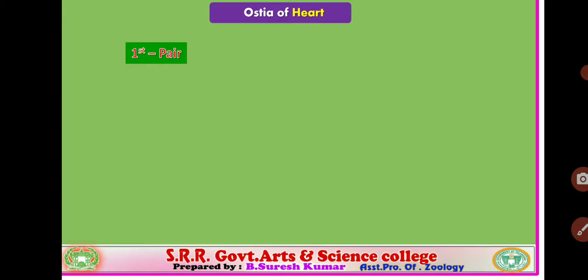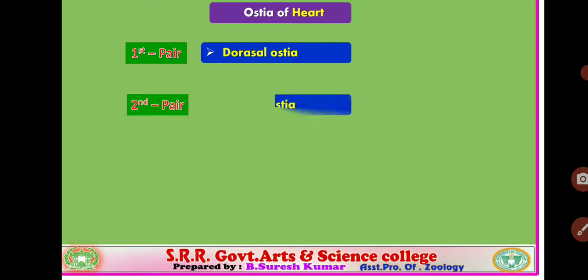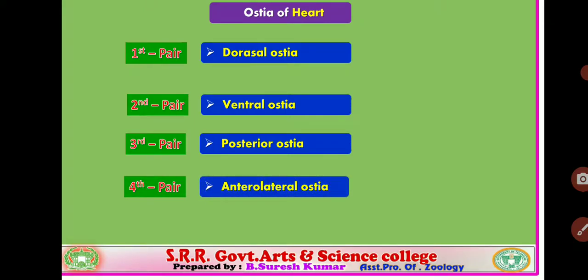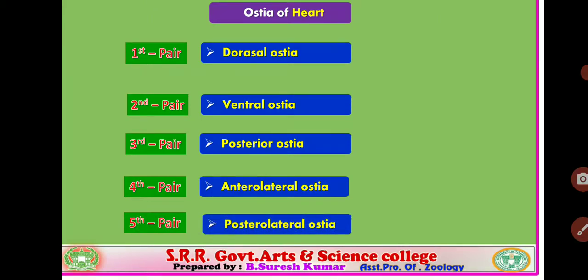Let us discuss in detail the ostia of the heart. Totally five pairs of ostia are present. The first pair is called dorsal ostia. The second pair is named ventral ostia, the third pair posterior ostia, the fourth pair anterolateral ostia, and the fifth pair posterolateral ostia.